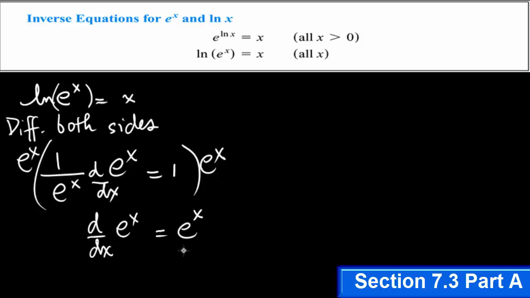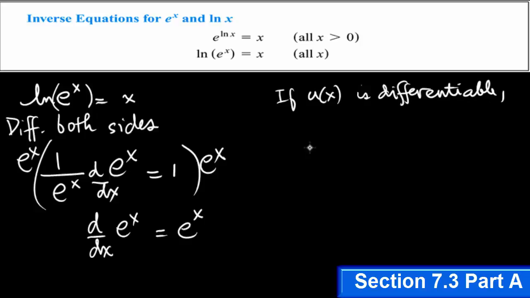So which means that if we have u as a function of x, and it's differentiable, of course, you can take its derivative. Then what is the derivative of e to the u with respect to x?